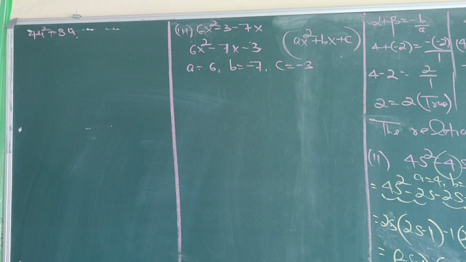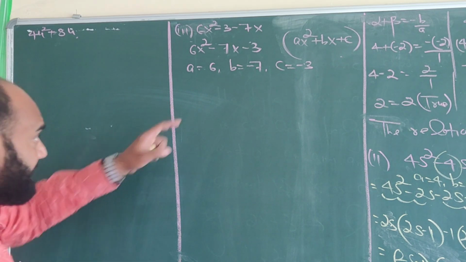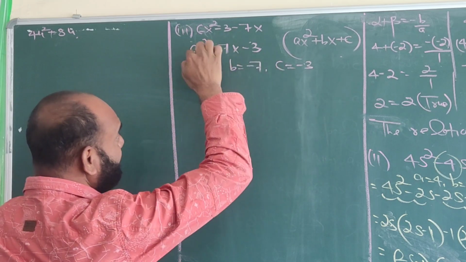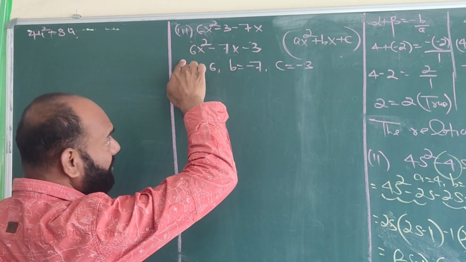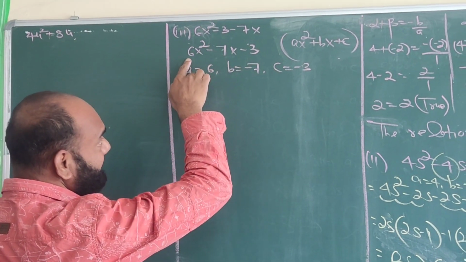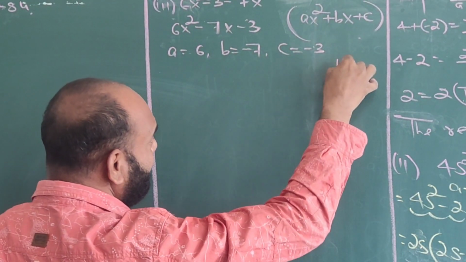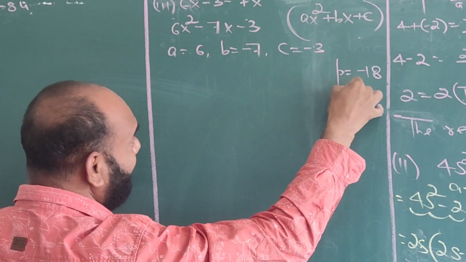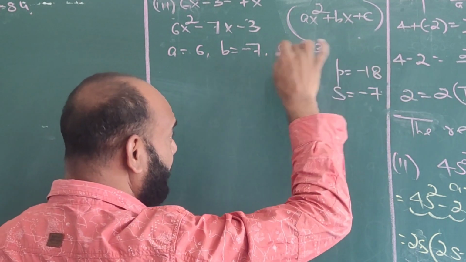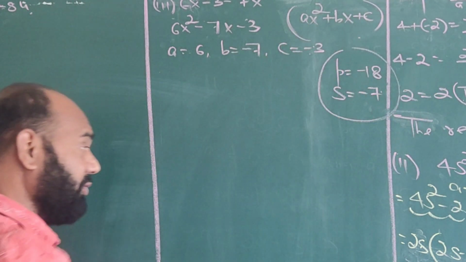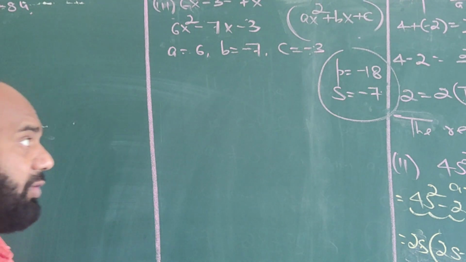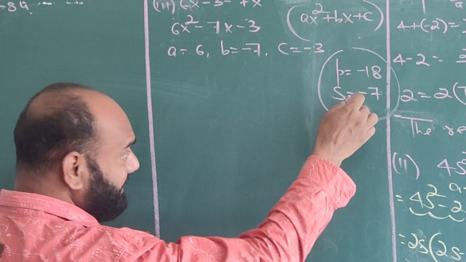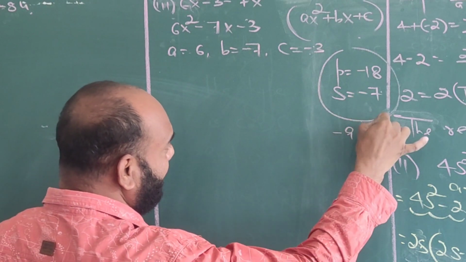To find the zeros, first we factorize the polynomial, and to factorize it we multiply the coefficients of the first and last terms. 6 into minus 3 is minus 18, and the sum is minus 7. So here we find two factors of 18 whose product is minus 18 and sum is minus 7, and these two factors are minus 9 and 2.